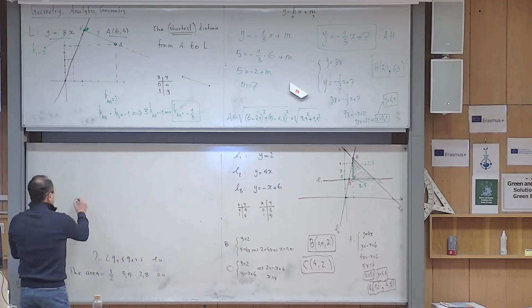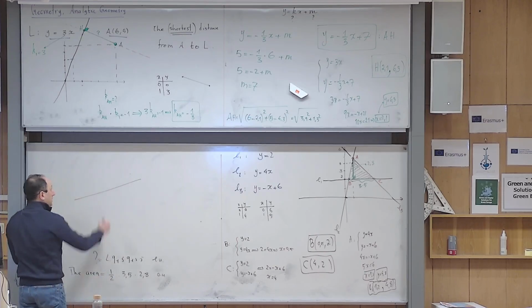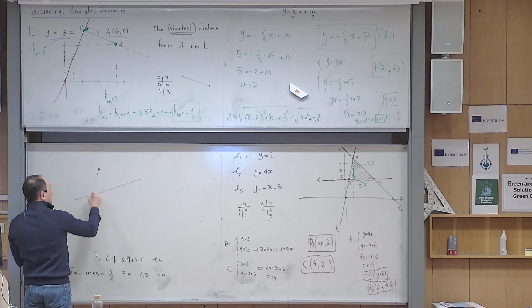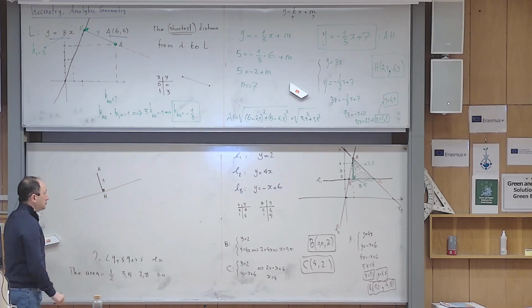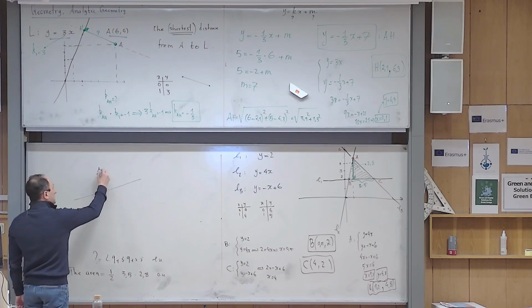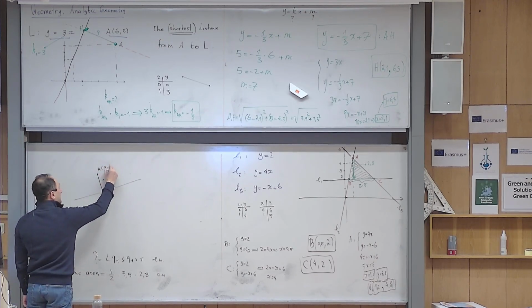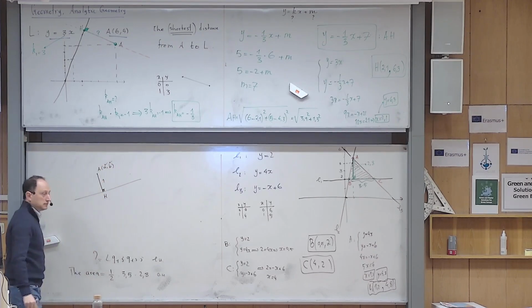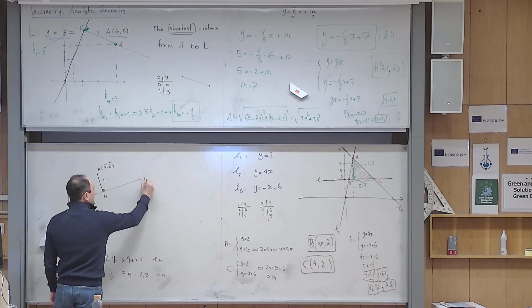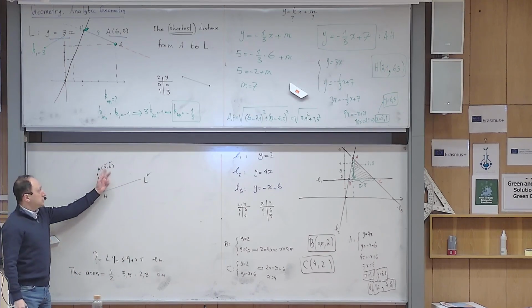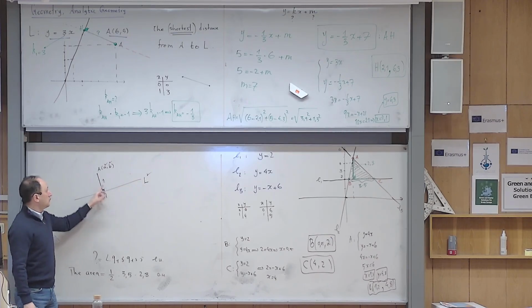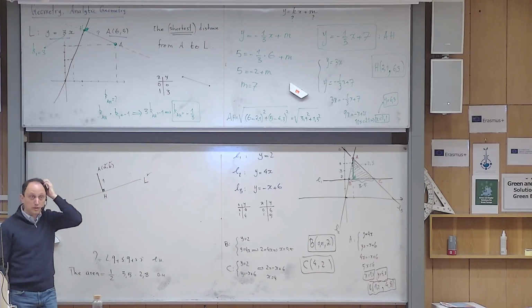If I give you a line and I give you a point and you want to find the shortest distance, what do you do? You see the coordinates of A and B are given. This is the question mark. And the line L is also given. So I give you these numbers, I give you the equation of L, and I want you to find the question mark. So what was the method?